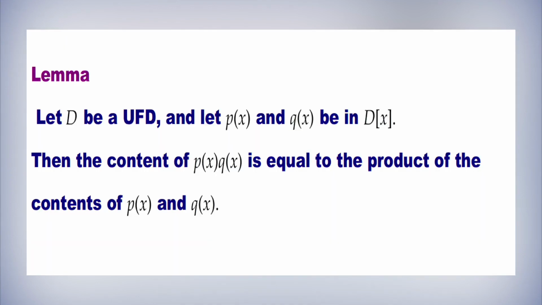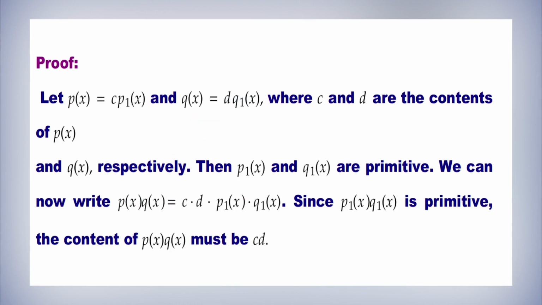Lemma: let D be a unique factorization domain and let p(x) and q(x) be in D[x]. Then, the content of p(x)q(x) is equal to the product of the contents of p(x) and q(x). The proof: let p(x) = c times p1(x) and q(x) = d times q1(x), where c and d are the contents of p(x) and q(x) respectively.